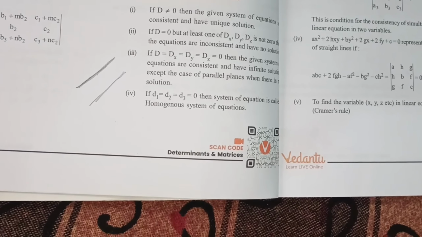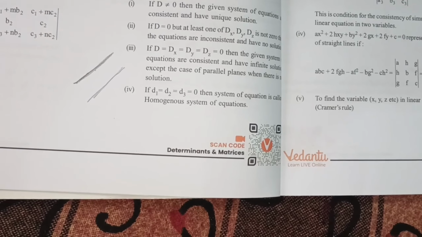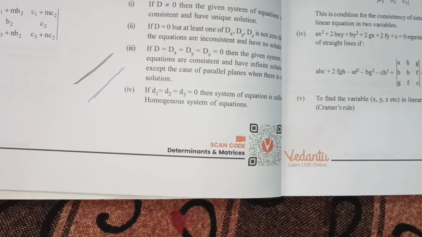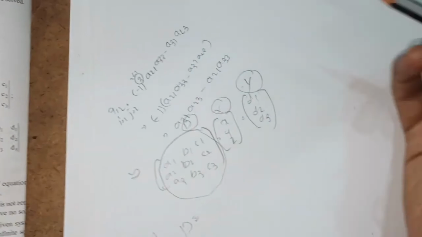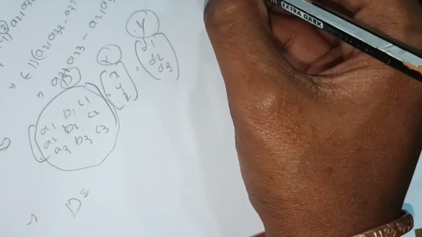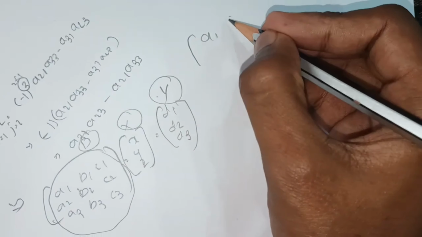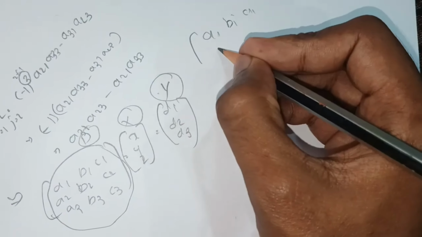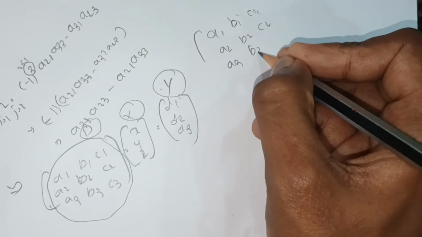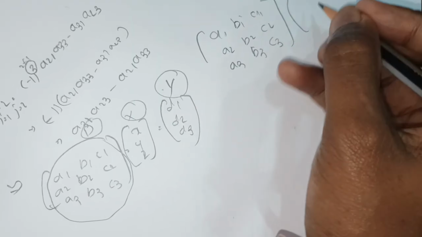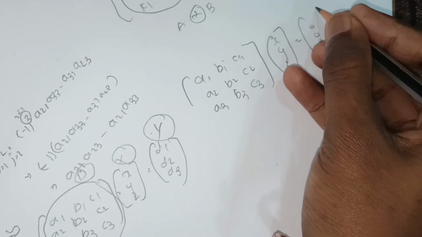d1 equal to d2 equal to d3 equal to 0. So here the system of equations is called a homogeneous system of equations. If we write it like this, the matrix a1 b1 c1, a2 b2 c2, a3 b3 c3 into x y z equals 0 0 0.